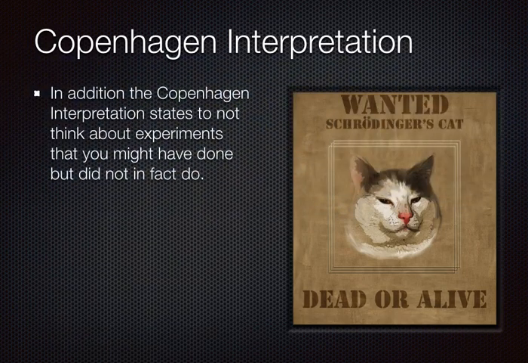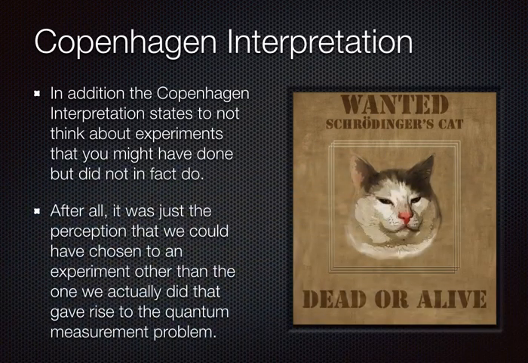In addition, the Copenhagen interpretation states to not think about experiments that you might have done but did not in fact do. So after all, it was just the perception that we could have chosen to do an experiment other than the one we actually did that gave rise to the quantum measurement problem.